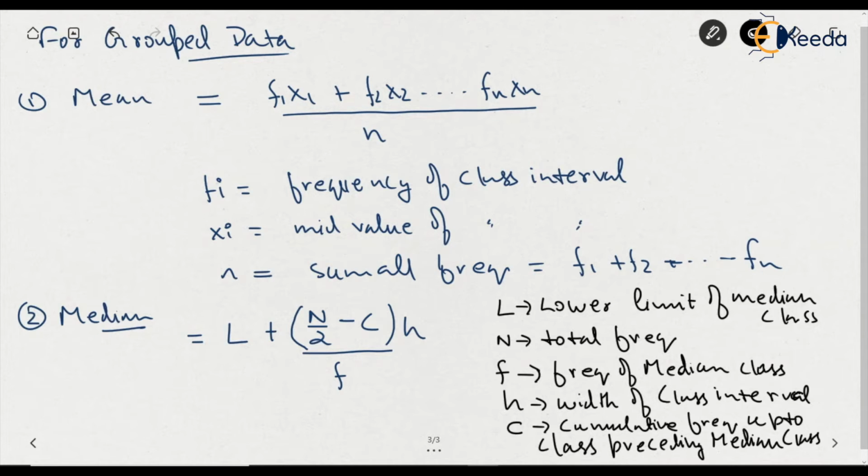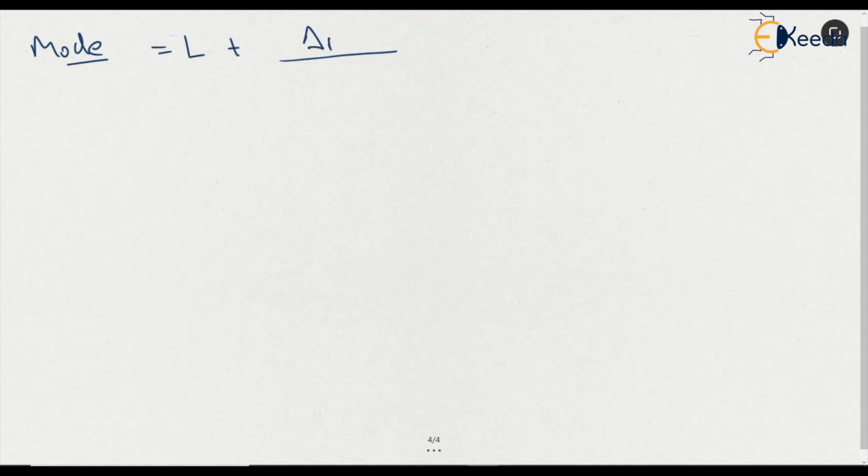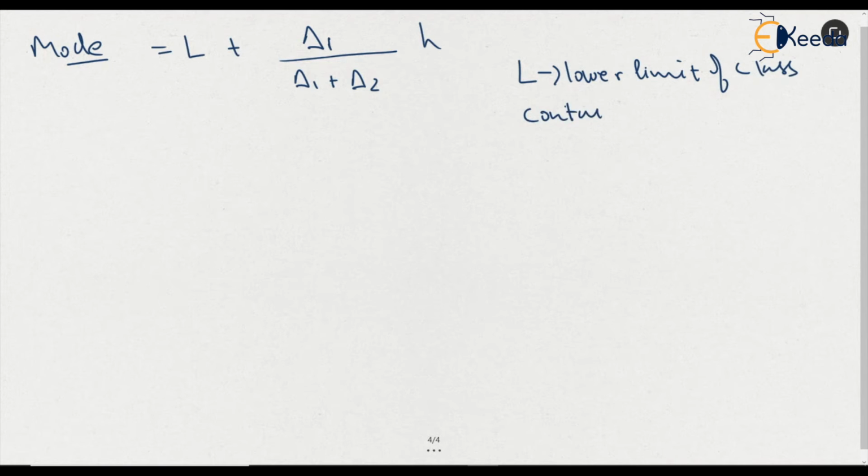And then the next one is mode. This is given as L plus del 1 by del 1 plus del 2 into H. L is again the lower limit of the class, or class interval, containing the mode.